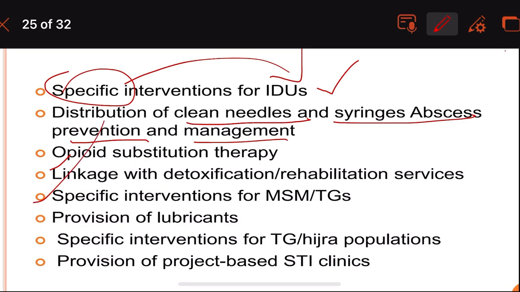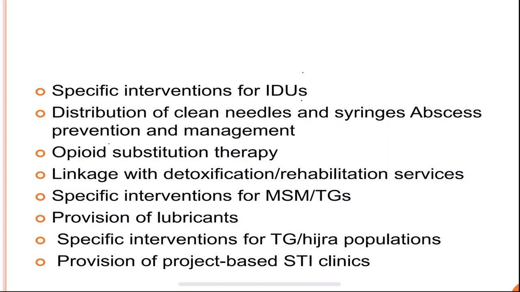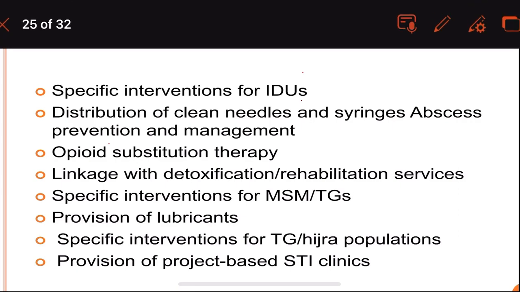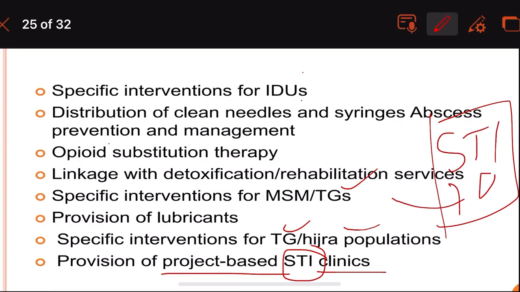Specific interventions for MSM or TGs: we have provision of lubricants. Specific interventions for the target groups and hijras population include provision of project based sexually transmitted infection clinics. So we have the project based sexually transmitted infection detection clinics.